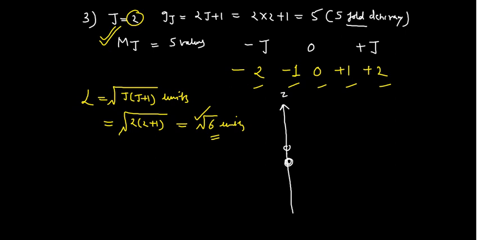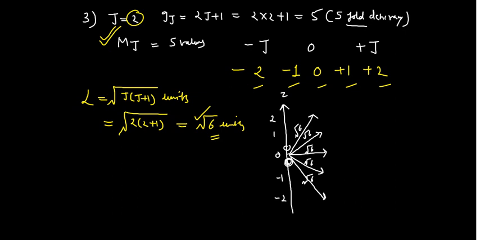This center is 0, this is 1, 2, -1, -2. So it can take 5 different orientations. First is this one, second is this one, third is this one, the fourth is this one, and the fifth is this one, all having the same length of under root of 6. That means the magnitude will remain the same.